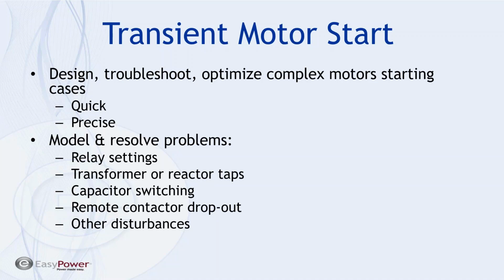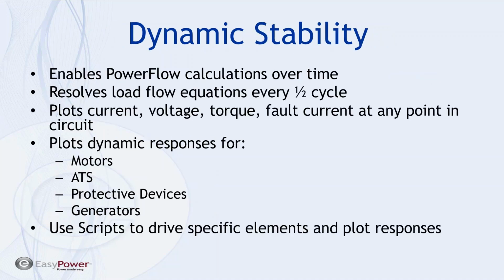Frequently people will perform this as a worst case event, because it doesn't include the reaction of the network to that particular start. All they're doing is a one-time calculation of the power flow with that one motor or that collection of motors locked with the locked rotor. It doesn't really give us a true picture of what's going on in the overall system.